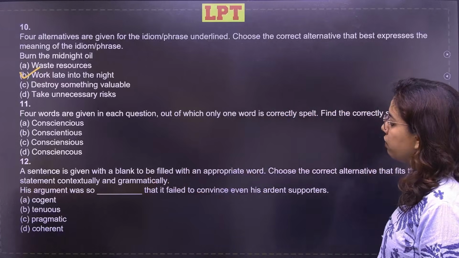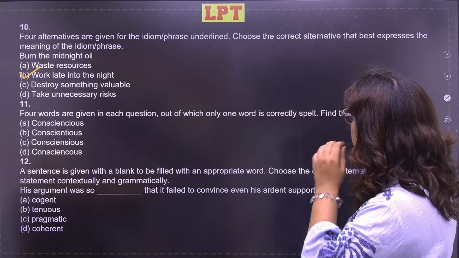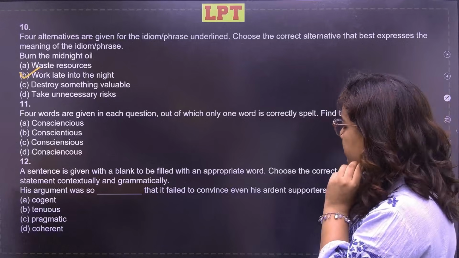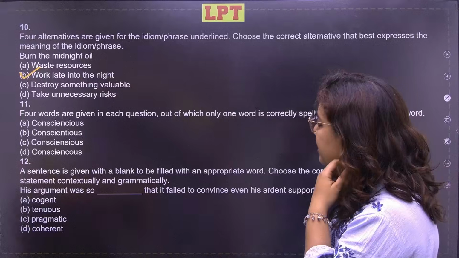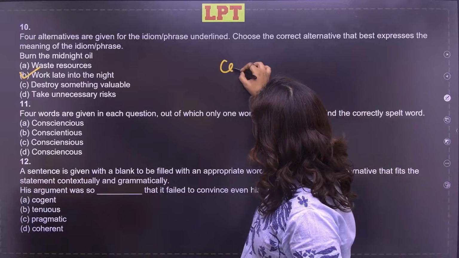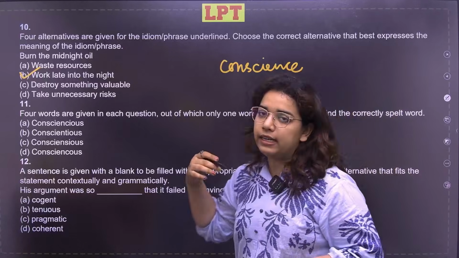Okay. 4 words are given in each option, out of which only one word is correctly spelt. Okay, consensus. Consensus, what exactly does consensus mean? There is a word conscience. A lot of people read it as conscience, it is up to you how you want to read it.